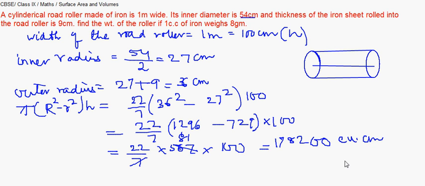We have to find the weight of the iron, which is 1 cubic centimeter is 8 gram. So this multiplied by 8 grams, that's 14256. This is in gram.